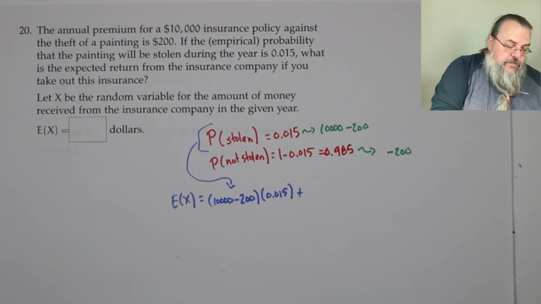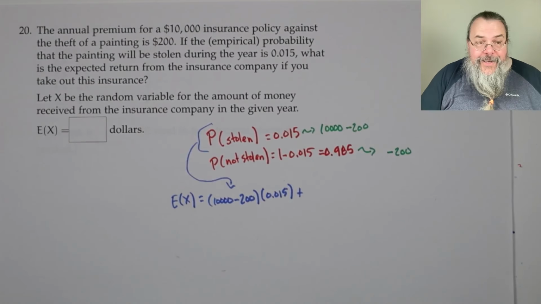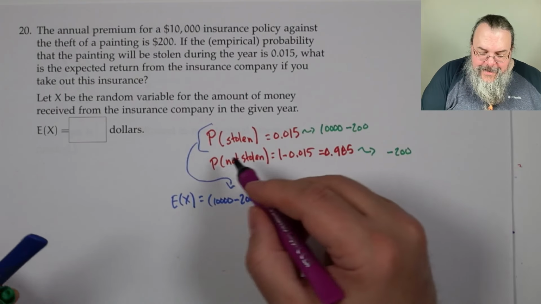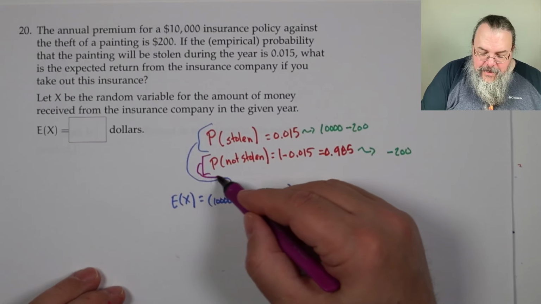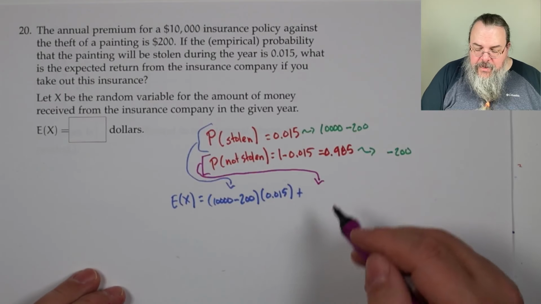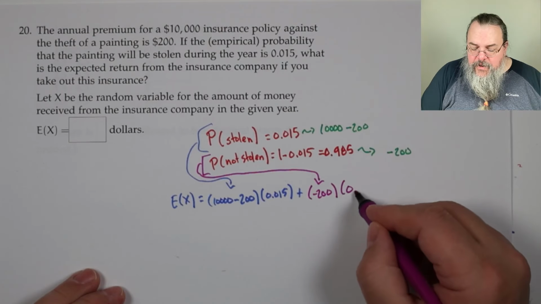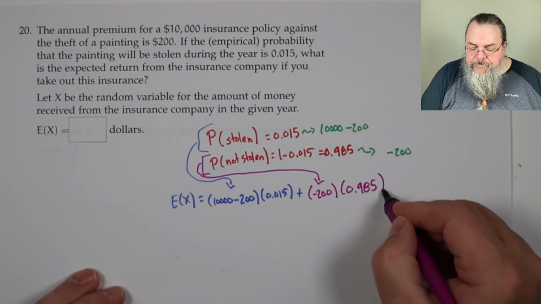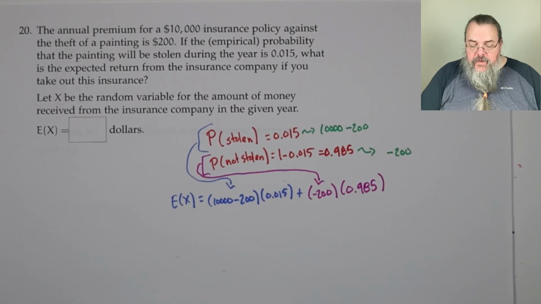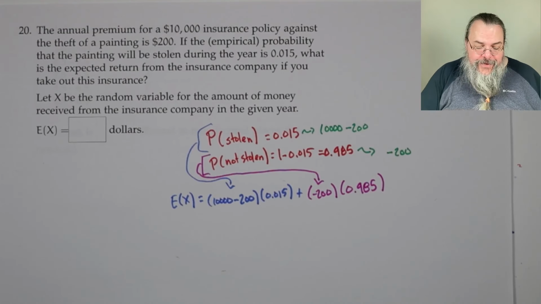I'll go ahead and switch to a different color because I like using colors. Okay, so the other part will be what? Well, it'll be minus 200 times 0.985. All right, and that's the computation we have to do. And once we have that number, we're good.